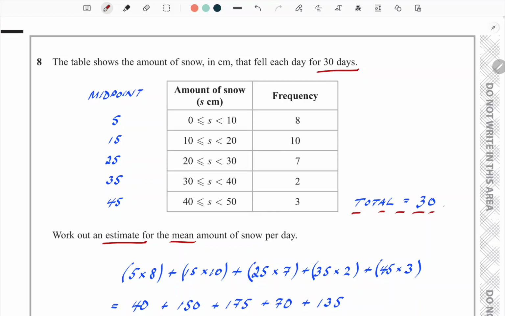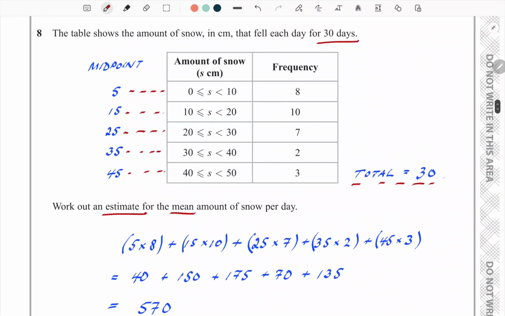With these ones, first thing you have to do is work out the midpoint, because this data has been grouped into classes. So, for example, 0 to 10, 10 to 20, etc., without any overlaps. What we need to do is work out the midpoint for each category. So the first one, midpoint is 5, second one 15, and so on, 25, 35, and 45.